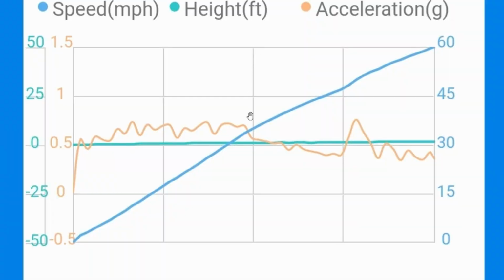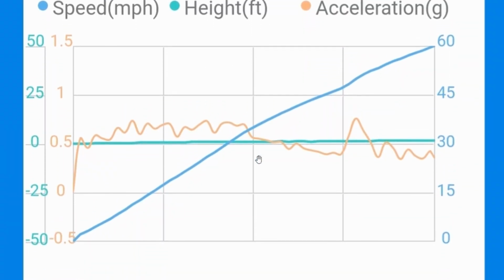From my understanding, trans temperature does go into when the car decides to start slipping the converter, or how it slips the converter. There is that. Here, it starts locking up about 36 miles per hour. The last run was about right here. It started locking up, which would have been about 38. So, I mean, 2 miles per hour off, that's not a big deal.